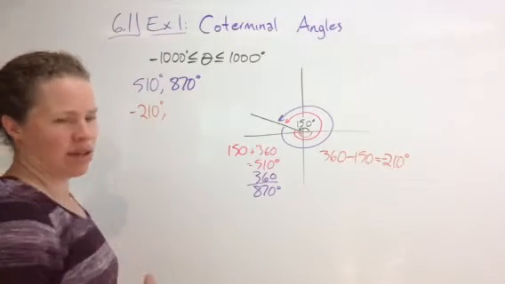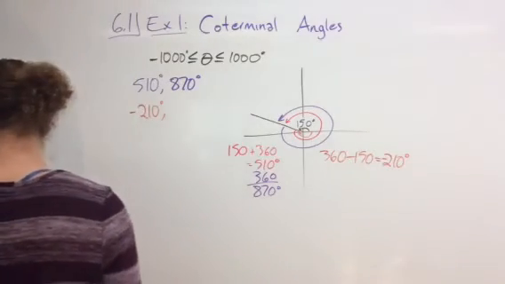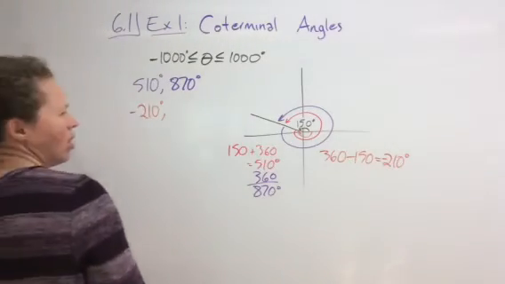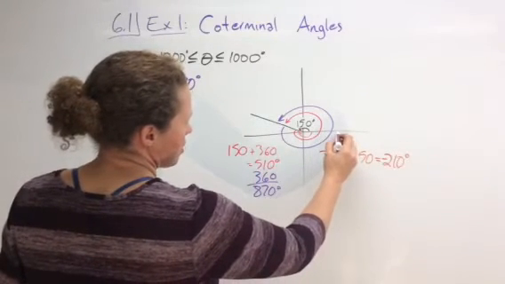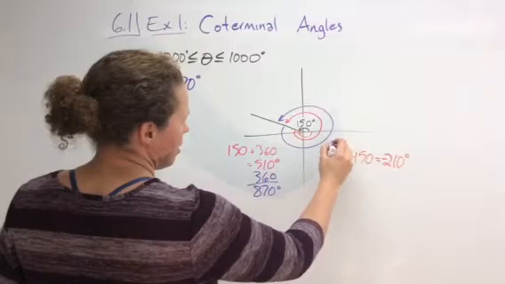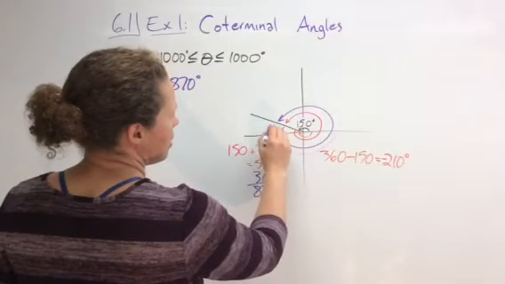And that's obviously not negative 1,000, so I can keep going. So this time, I'm just going to pop out to the outside here, and that was negative 210.